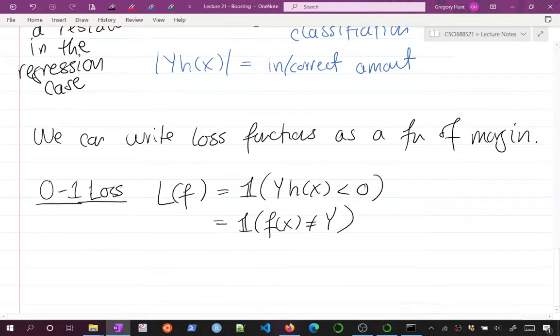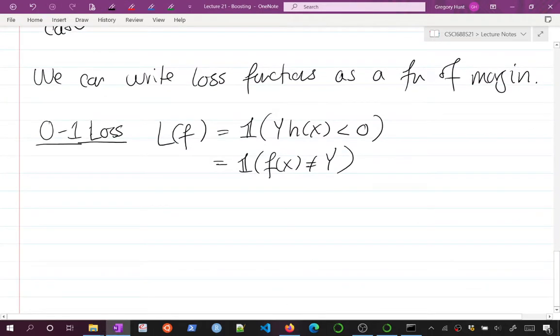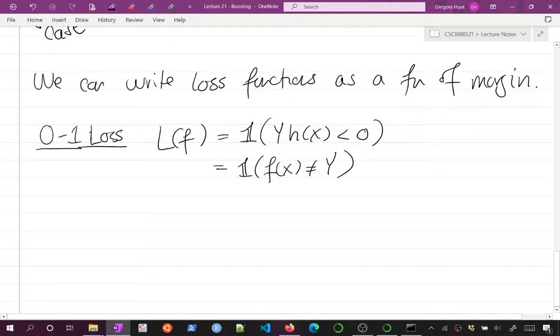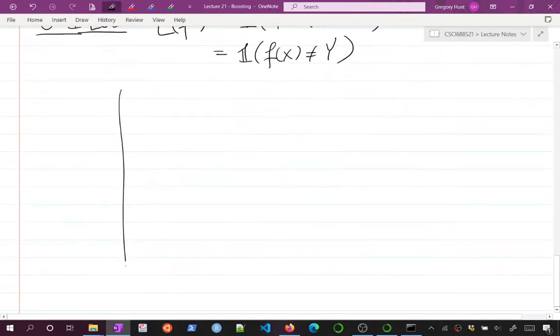So this is, for example, the 0, 1 loss. And this whole thing kind of unifies our theory because it's now written in terms of math, right? It's written in terms of the product being less than 0, which is easier to mathematically deal with than discrete categories. So this is a unifying theory of losses across classification and regression. We can draw a picture of this.